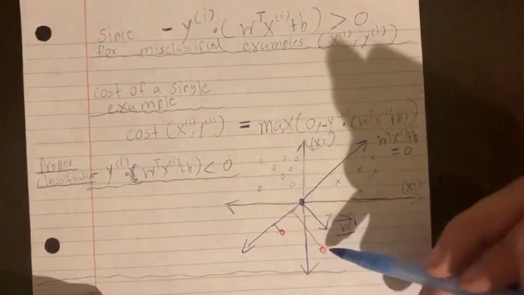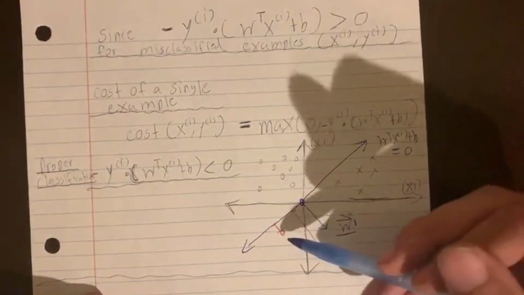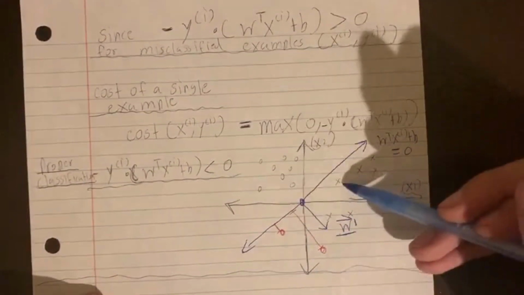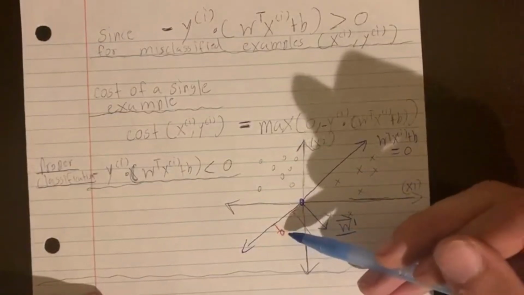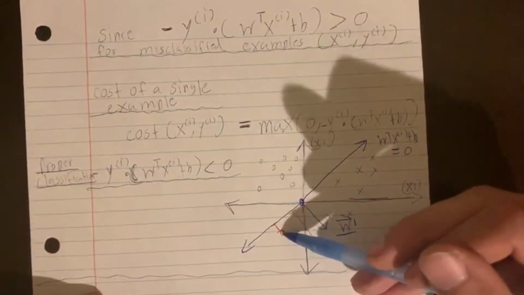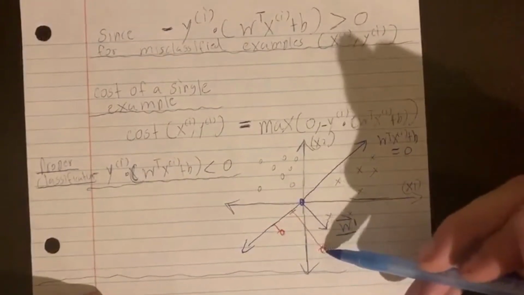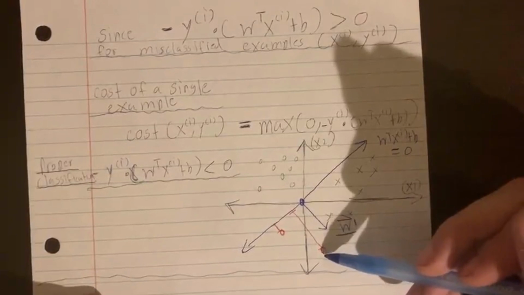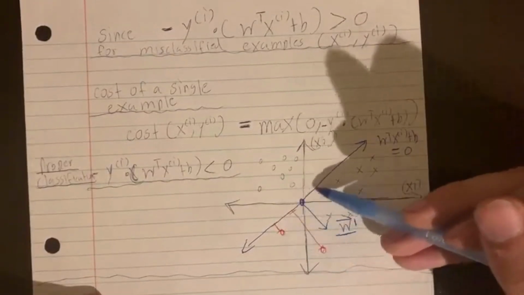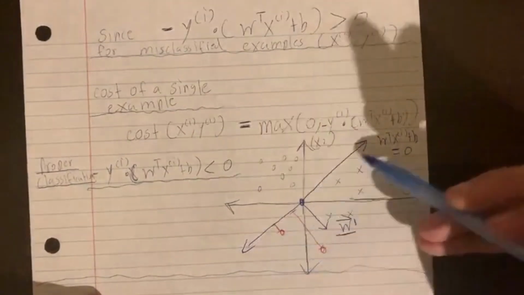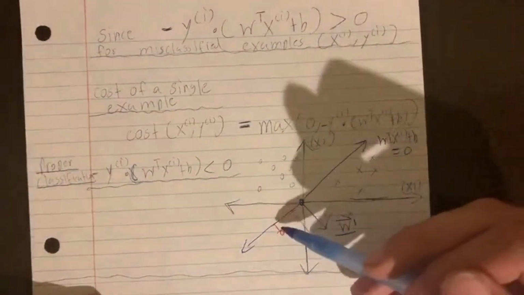Here we have these two red points that are misclassifications. They're classified as class X when they should be classified as class 0, or class circle. This one right here isn't that badly misclassified, but this one right here is very badly classified. It's very far away from the circles, very far away from the w transpose x of i plus b boundary.